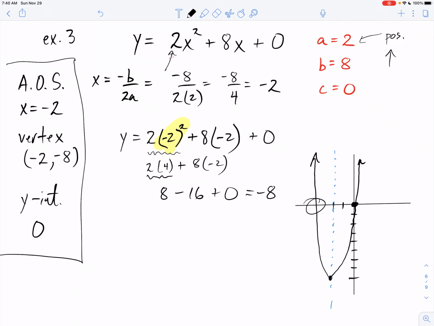Oh, by the way, there are 2 x-intercepts. Hey, and I might as well mention, if your y-intercept is at 0, you obviously can see that it's going to cross at x equals 0. Remember, if you cross at the origin, you automatically know y is 0 and x is 0. But there are 2 x-intercepts there.